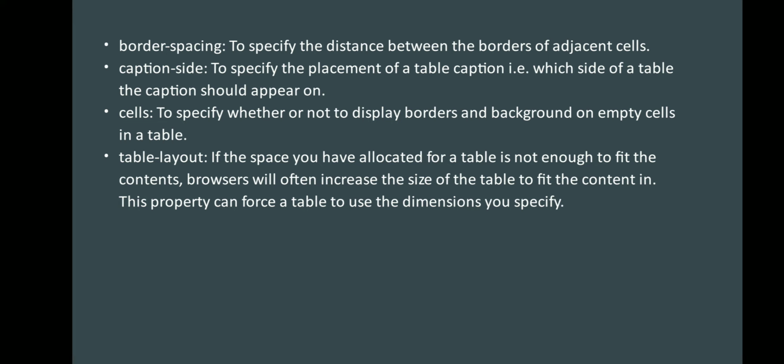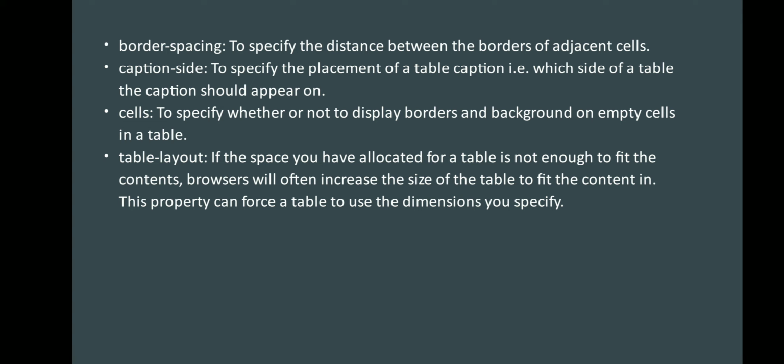Caption side. To specify the placement of a table caption, that is, whenever we are writing tables, we can give captions. So which side do you want to place the caption? Top, bottom, left or right?